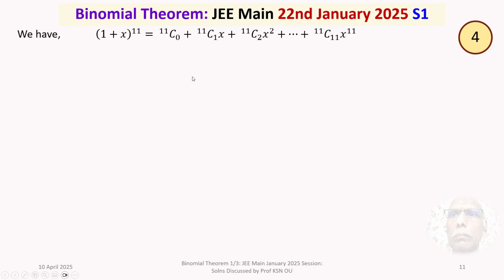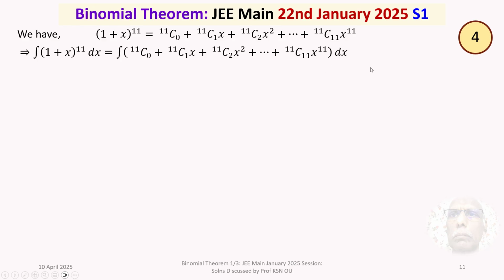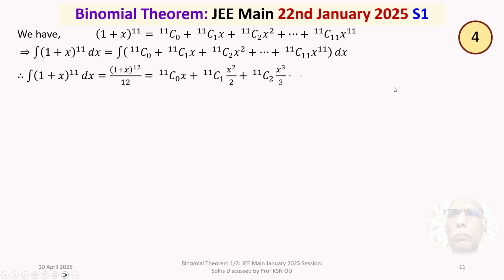Now, what we do is integrate with respect to x. This will be the integral of 11C0 x plus 11C1 x square by 2, 11C2 x cube by 3, plus etc., 11C11 x to the power of 12 by 12. That's what we got.